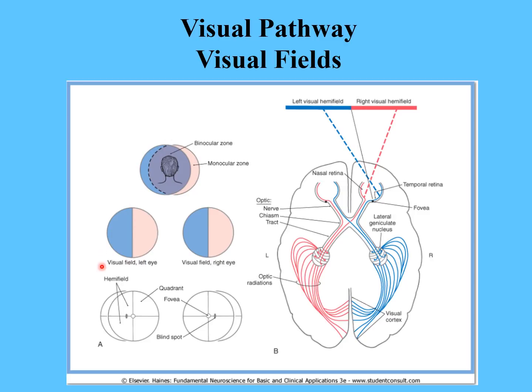Each eye is able to see a large portion of the world, about 180 degrees, and we divide that world in half and talk about ipsilateral and contralateral hemifields.